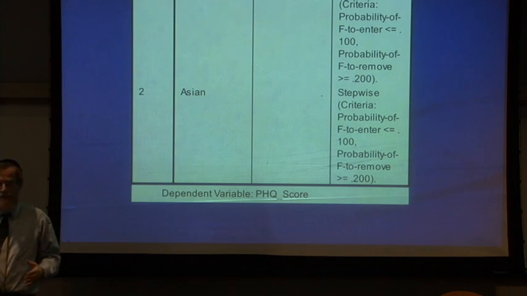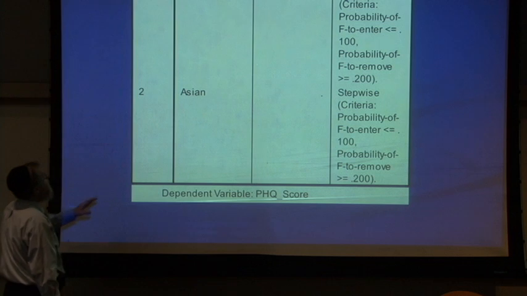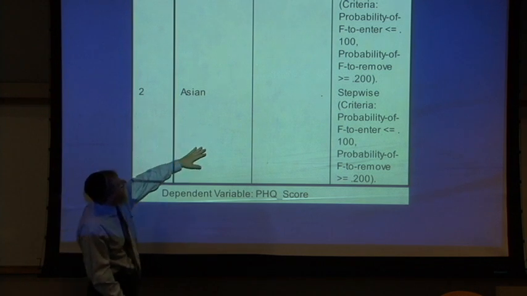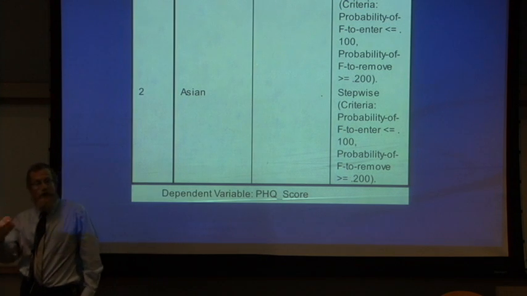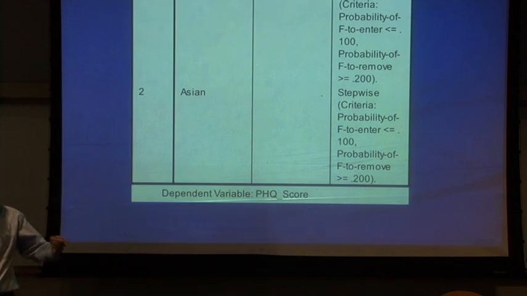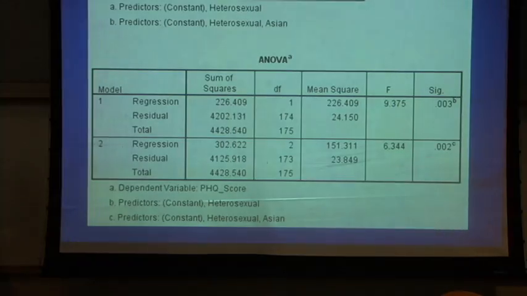If you do include all the intermediate models, you're going to get a lot of output, so I usually say no thank you. Then in each round, it tells you what variable was entered or removed, and it steps you through the process to see how that model gets built. So you can see what happened at each step and follow through. Now, this one, what I had, went pretty quickly.